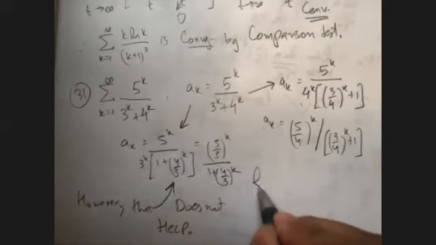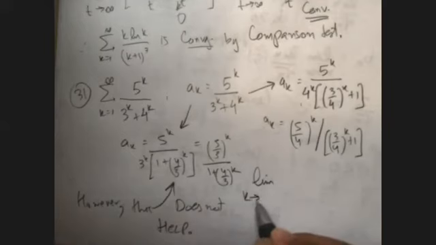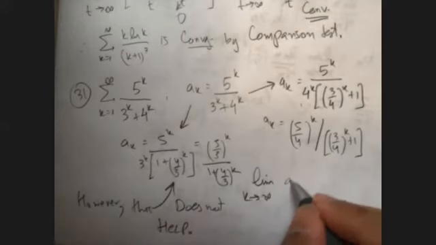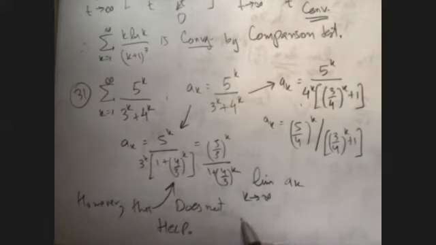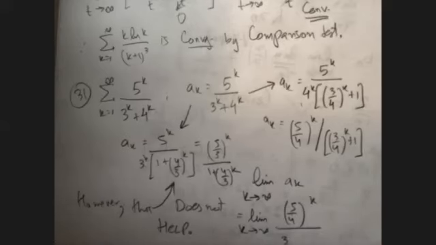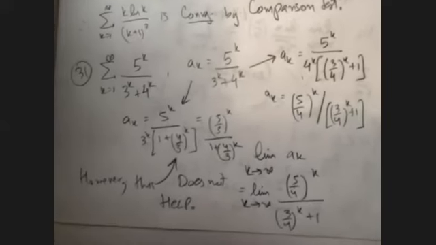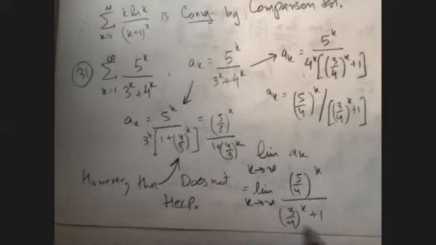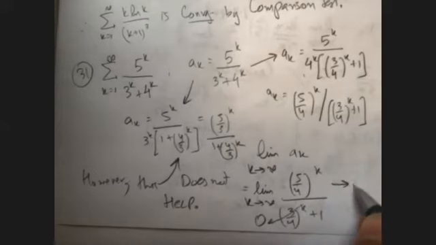Because if we take the limit as k tends to infinity of AK, which is the limit as k tends to infinity of 5/4k, this term goes to 0 and this goes to infinity.